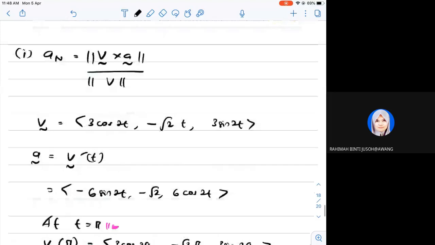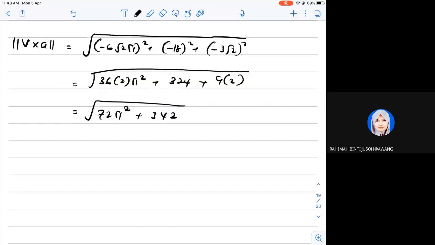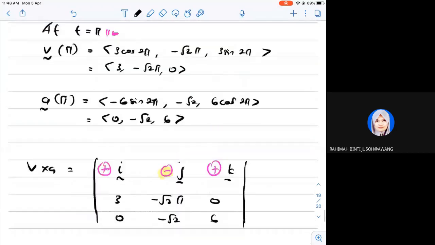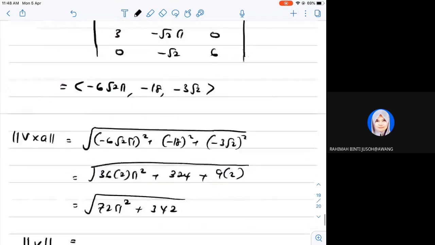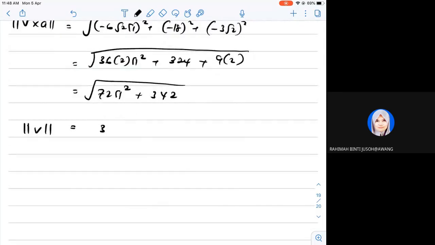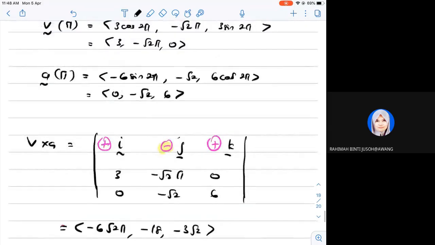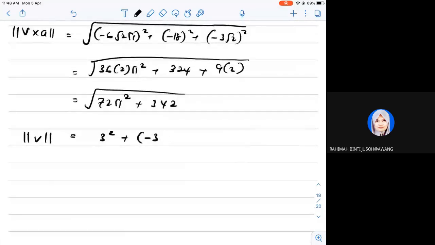Okay, next we have to find the speed. Okay, so speed, the magnitude of V equals to what was V earlier? This one is negative. Okay, 3 squared plus negative square root 2 pi squared plus 0 squared, like this.